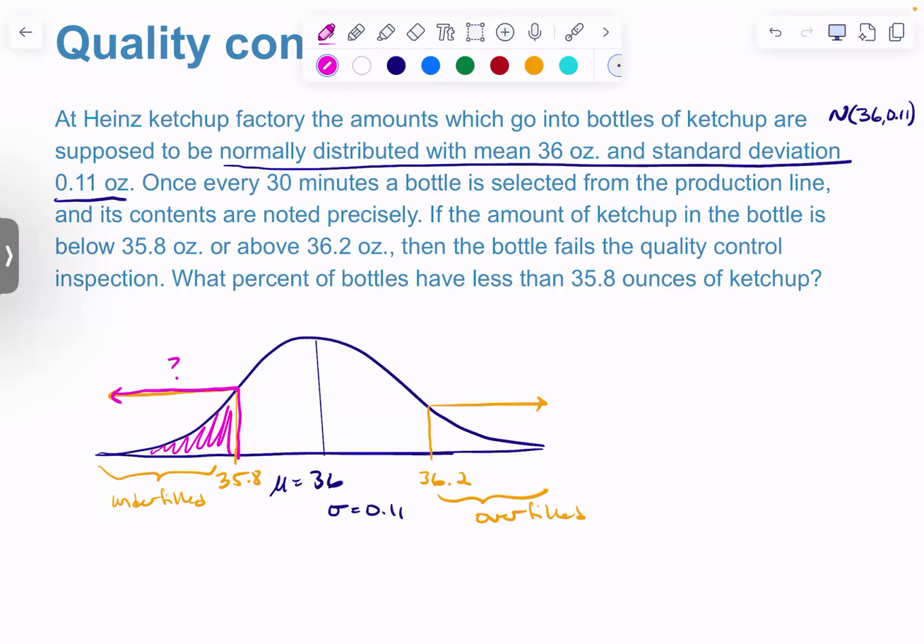This 35.8 is my observation of interest, the thing I want to find a percentage or a probability associated with, which makes it my X.